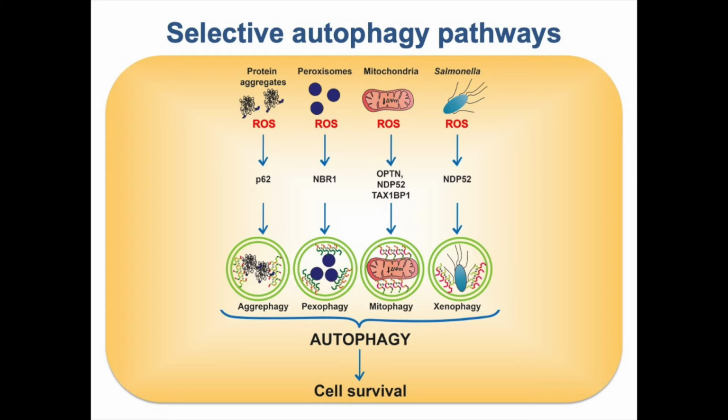This is a very simplistic diagram. But what this means is that this multiple process of selective degradation of specific cargo is essentially what we know as being autophagy, and this is what we think is important for normal function of the cell.